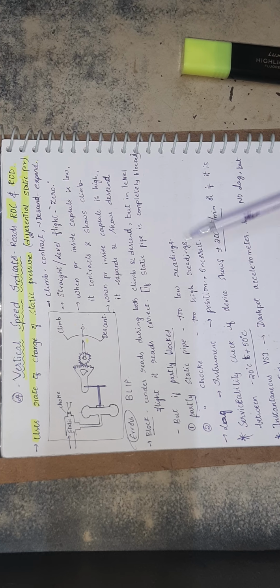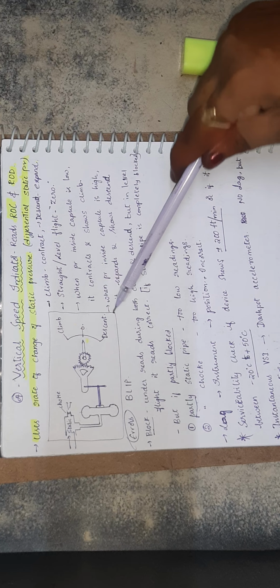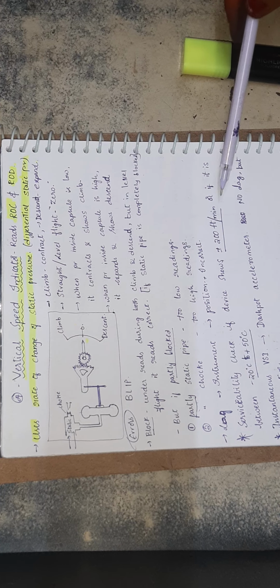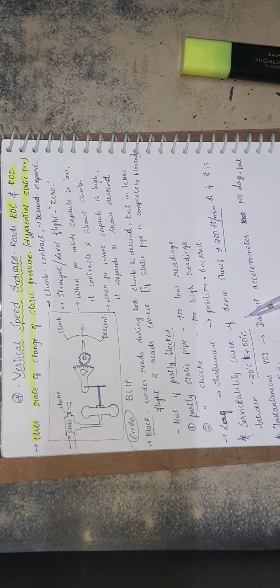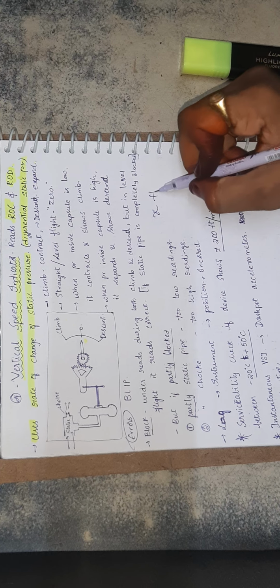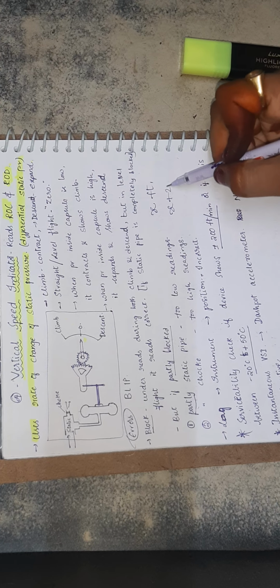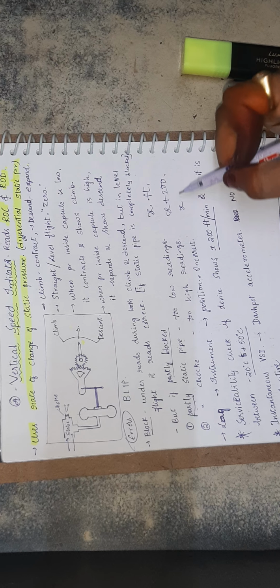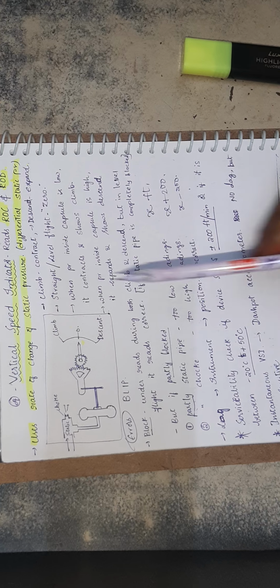Now, for the vertical speed indicator, it is very important to have a serviceability check. A serviceability check is done when the device is showing us plus or minus 200 feet per minute, or if the temperature is between minus 20 to plus 50 degrees Celsius. If we are at some flight level x feet, but the instrument is showing x plus 200 or x minus 200, then we definitely need a serviceability check for the instrument and the aircraft.